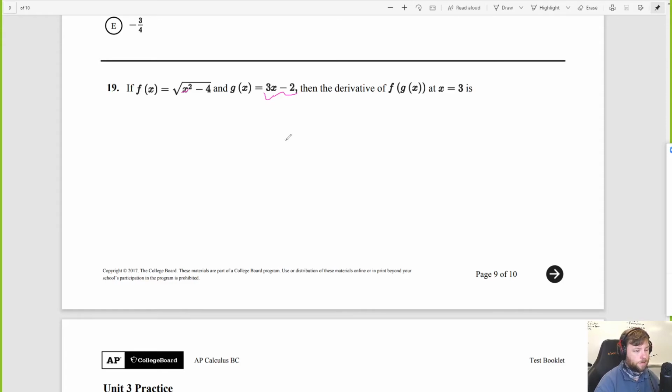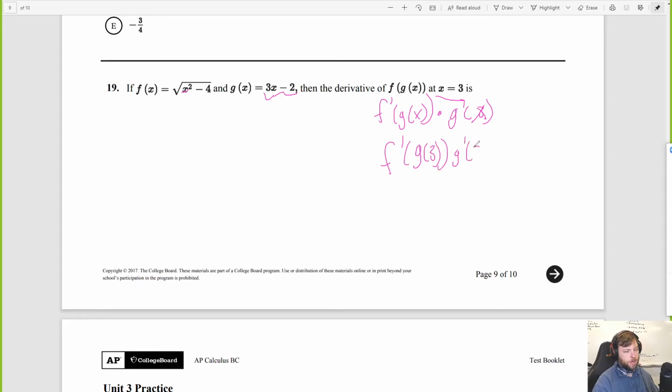But would I do it? I don't know. My thought is I would do this. I'd say F prime of G of X times G prime of X, right? When you want to plug in 3, I got to find F prime of G of 3 times G prime of 3.